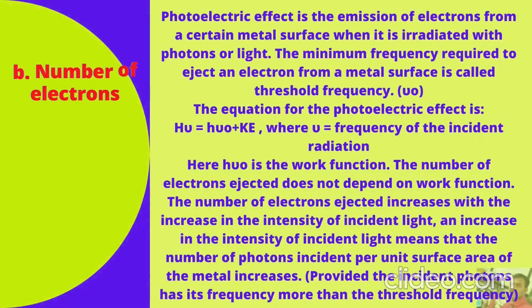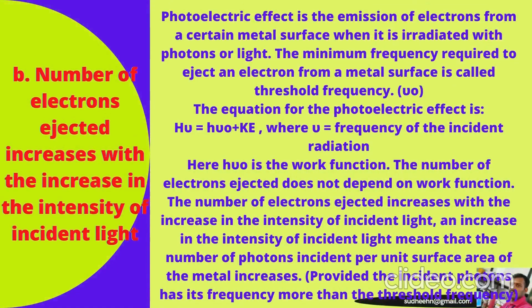And the right option is option B, that is number of electrons ejected increases with the increase in the intensity of incident light, because the photoelectric effect is the emission of electrons from a certain metal surface when it is irradiated with photons or light.